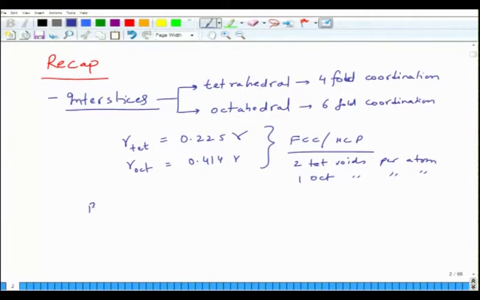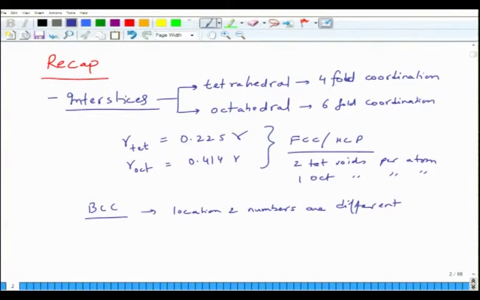Things are different for BCC. You don't have a regular octahedra or tetrahedra, but you do have octahedral and tetrahedral voids, and their location and numbers are different. This I showed you last time in a geometrical fashion. So you were asked to count the numbers of octahedral and tetrahedral voids in BCC.